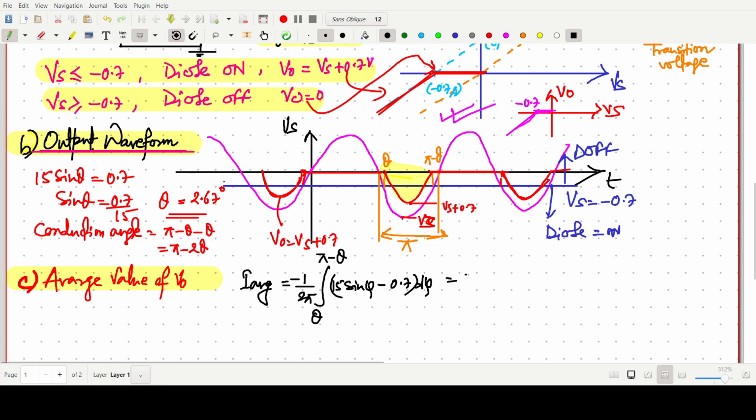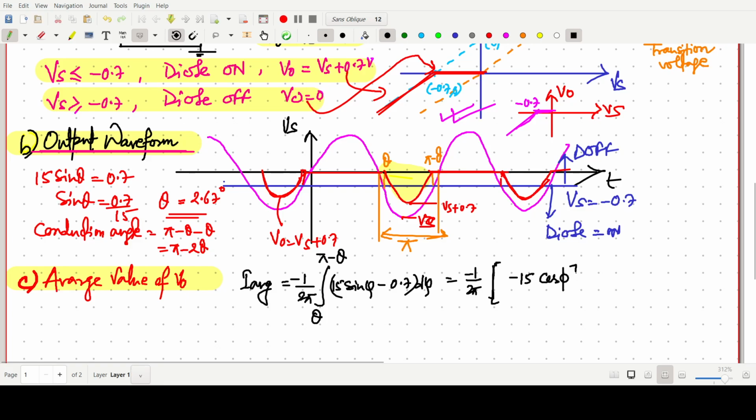So minus 1 by 2 pi, integrating from theta to pi minus theta. First for 15 sin phi, the integral of sin phi is minus cos phi.